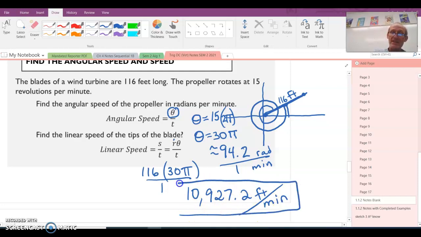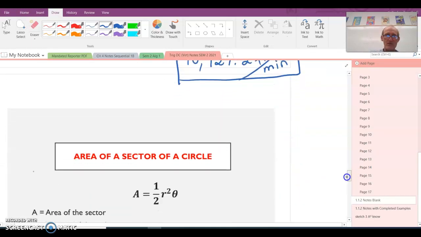So that would be the linear speed of the fan blade moving around. Because it goes 15 times around in 1 minute. All right, so it carves out 30 pi units, radians. Okay? Oof, that's a lot of business going on there, but that's okay.